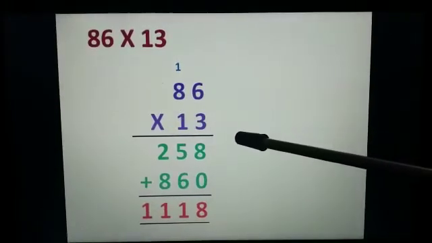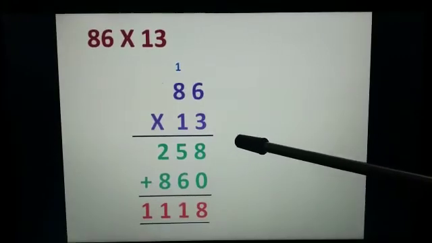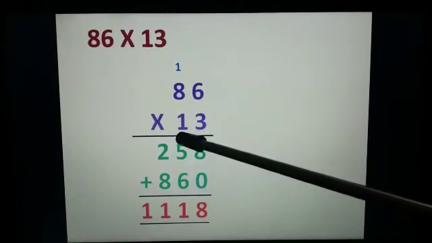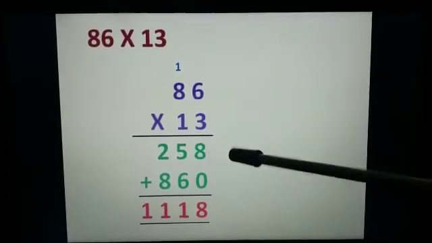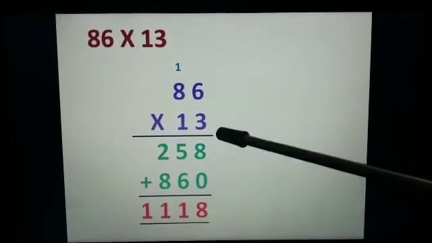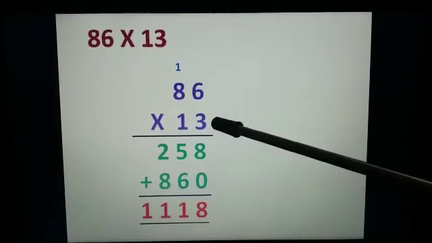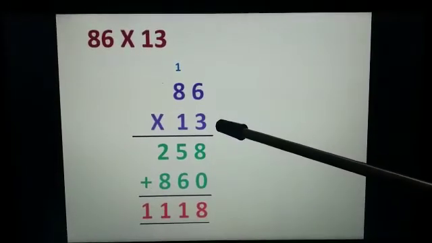So first step is to multiply by the ones digit. So right now I need to forget about this 1, which is the tens digit. Now the ones digit is 3 here. So starting from the right, I need to multiply by 3.